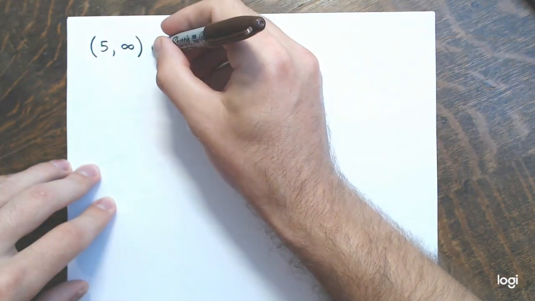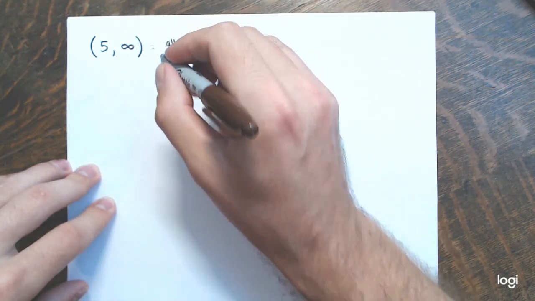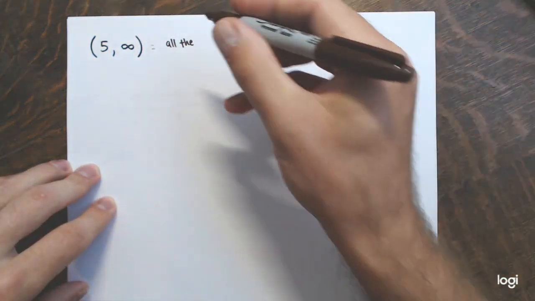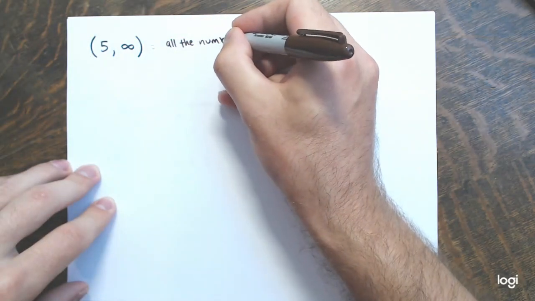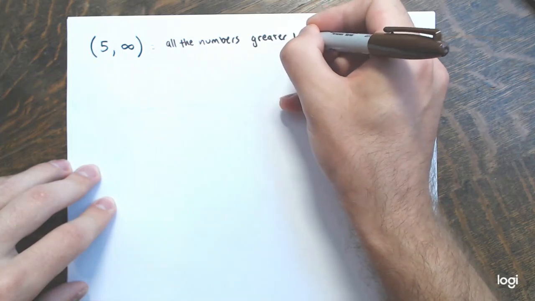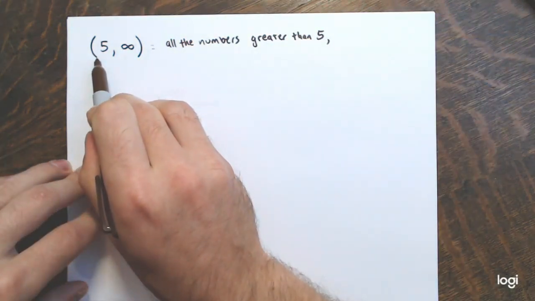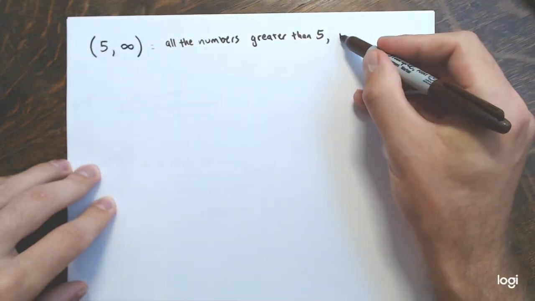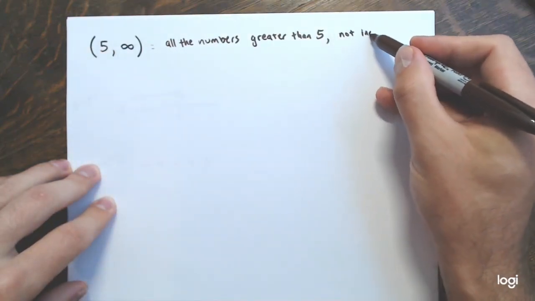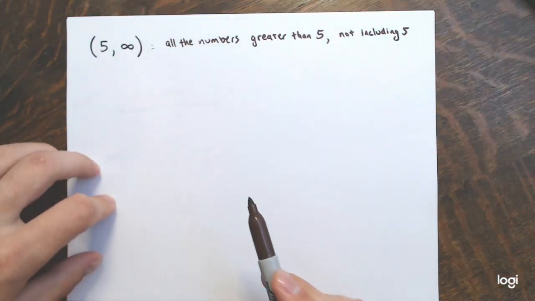So this is just simply all the numbers greater than 5, right? 5 and above. And not including 5, right? Parentheses on the 5. Just the number is strictly greater than 5.